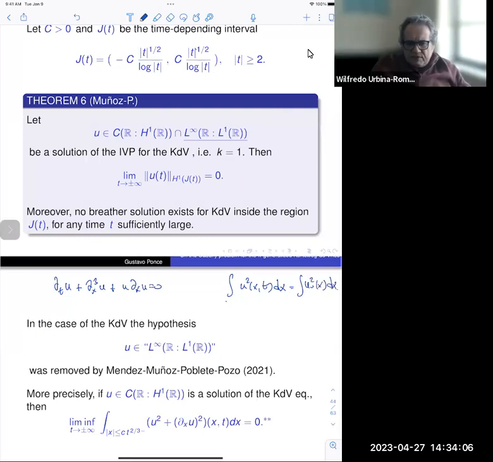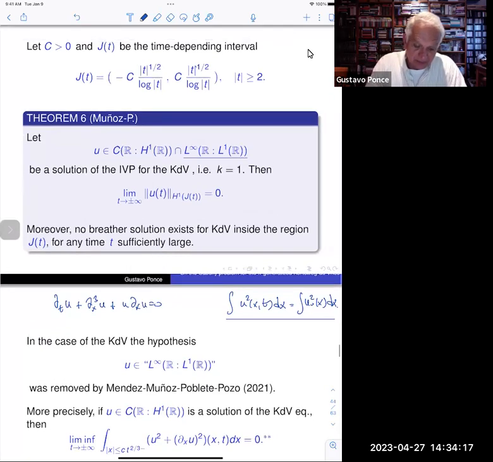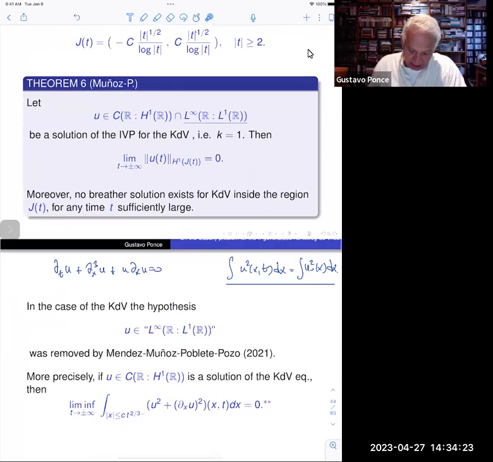It's preserved. Then you want to say, okay, where is this L2 norm when t goes to infinity? Well, you are proving that this L2 norm moves to minus infinity or to plus infinity, right? You are proving that this L2 norm is not here, at least in a sequence of time.